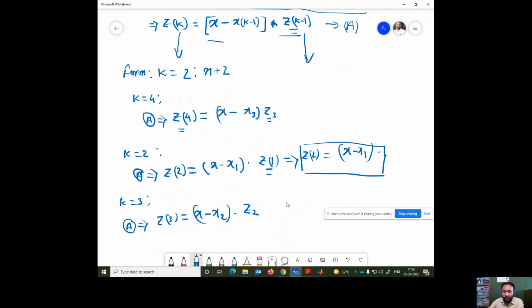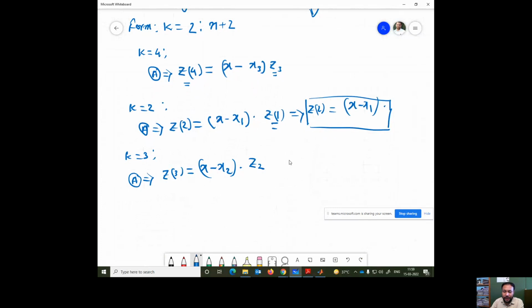Now putting the value of z2 here, z3 is equal to x minus x1 into x minus x2. This is the value of z3. Now put the value of z3 next.